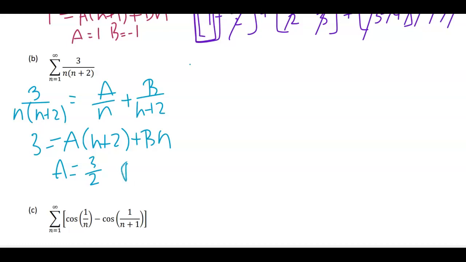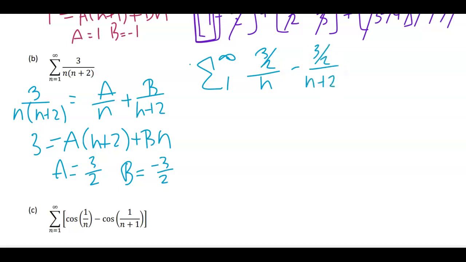If n is -2, then b is -3/2. And so I'm looking at 3/2 over n minus 3/2 over n plus 2.